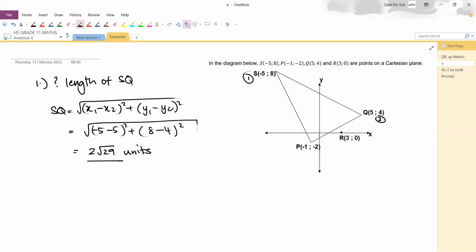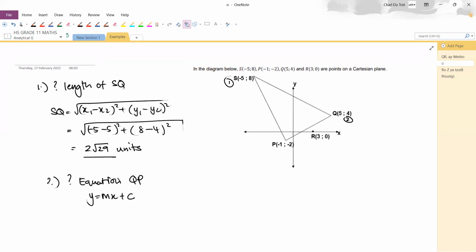I want the equation of QP too. What is the equation of the line QP? Standard stuff. Y equals mx plus c. You'll have to get the gradient first. On your own, go.